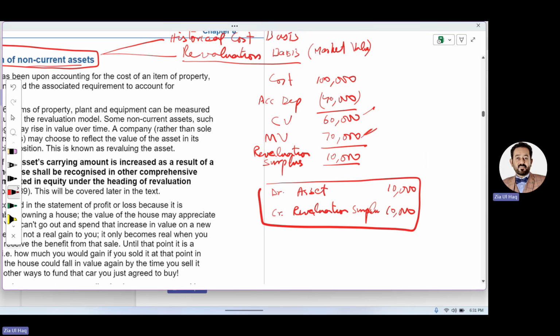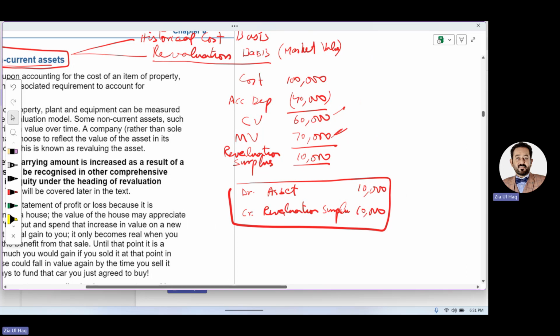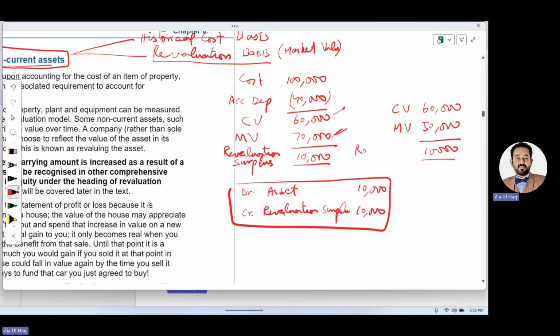What if the market value is lower? We're going to discuss that. Now suppose the carrying value is 60,000 and its market value is 50,000. When the market value is lower, that 10,000 will be called revaluation loss. Because if a company has chosen the revaluation policy, then it needs to record all assets on a revaluation basis.